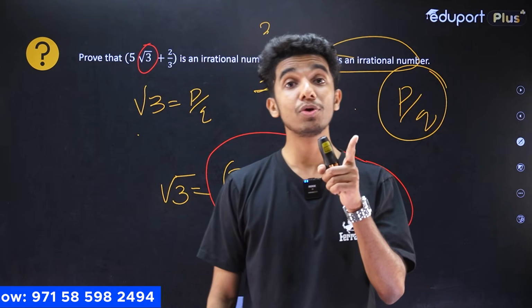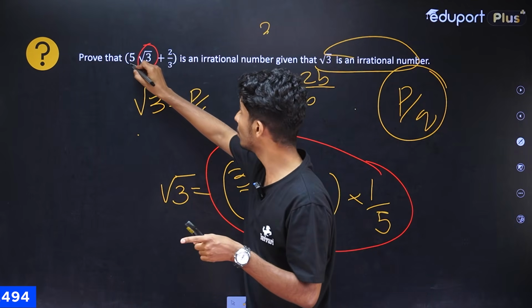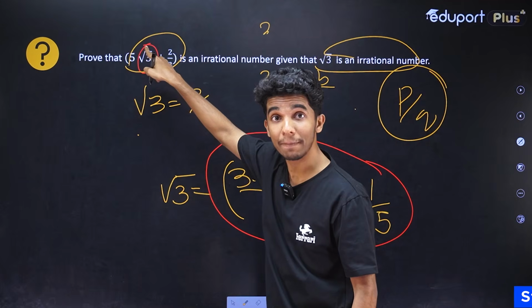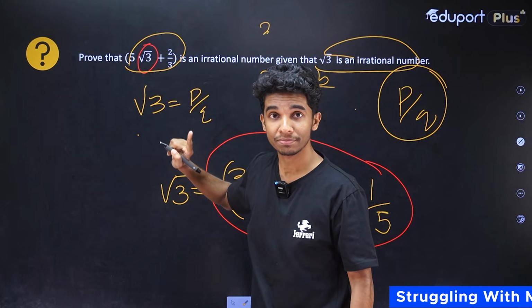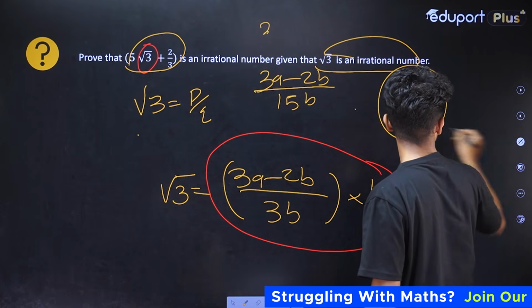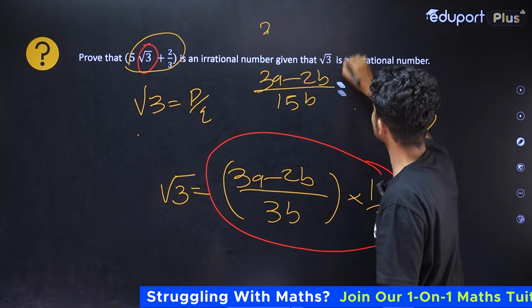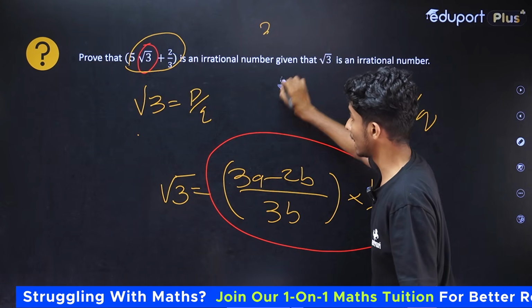So for any problem like this, find the number that is irrational. Here it is already given that root 3 is irrational.